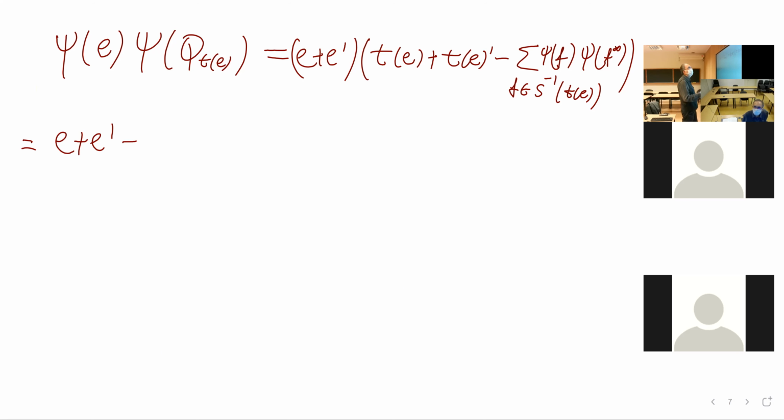So I multiply. So I have a sum, unless, wait a second, maybe this is something where you can use, yeah, but I don't know what psi of QT is. Sorry, I have to compute.